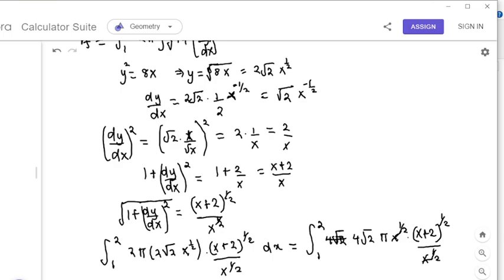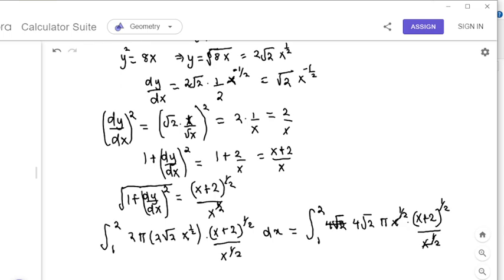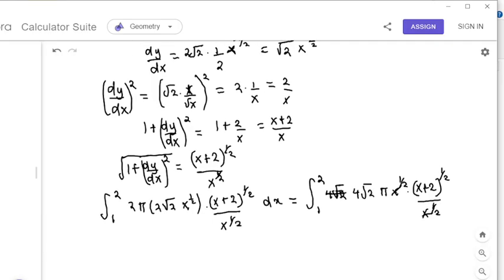So the x raised to power a half, this and this will cancel out.